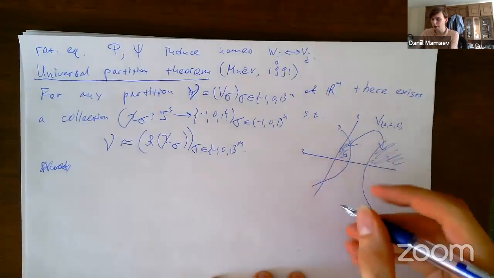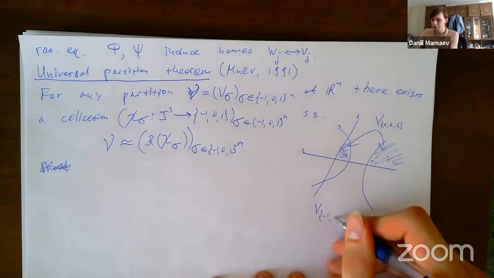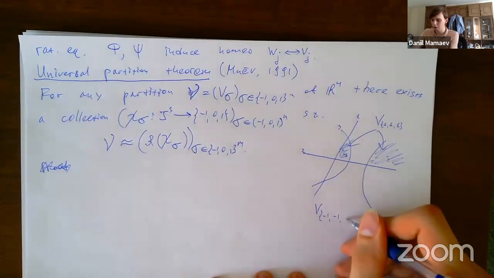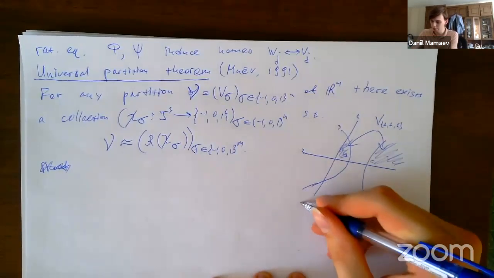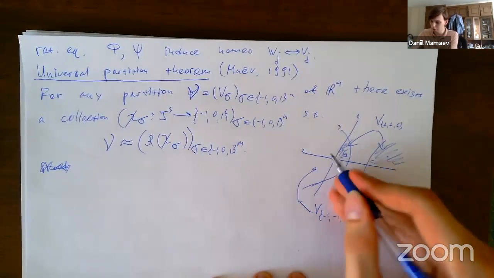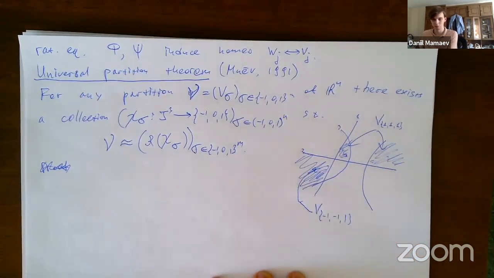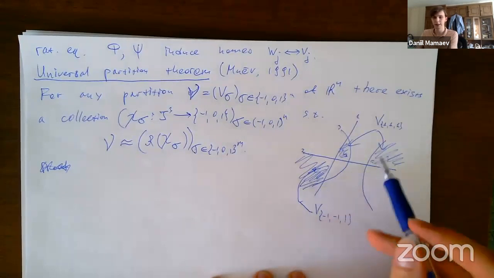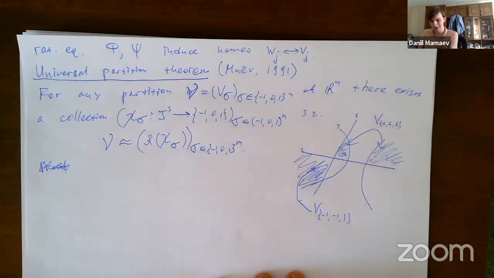And if you want, say, the stratum V with minus 1, minus 1, 1, then this is this one. And it is connected. So these strata given by partitions can be, even on the plane, not that obvious.